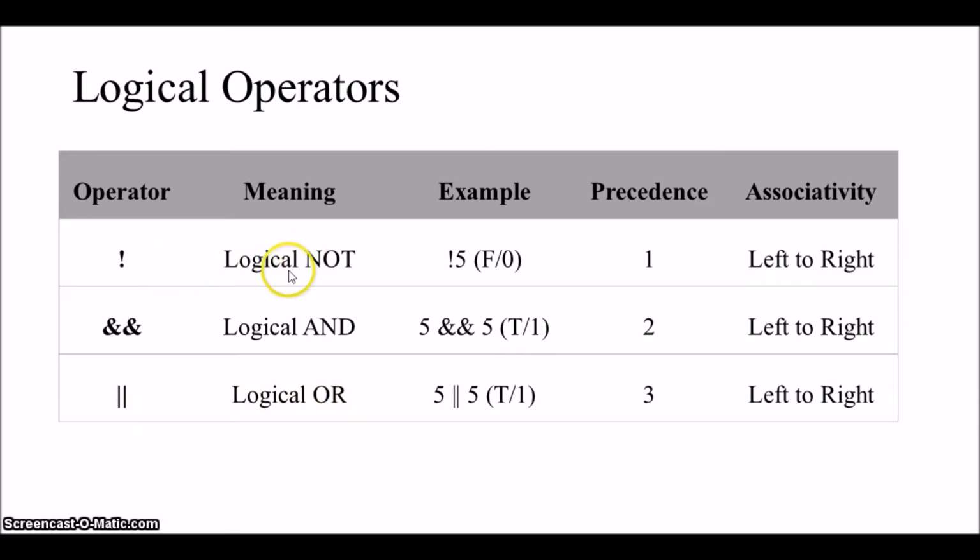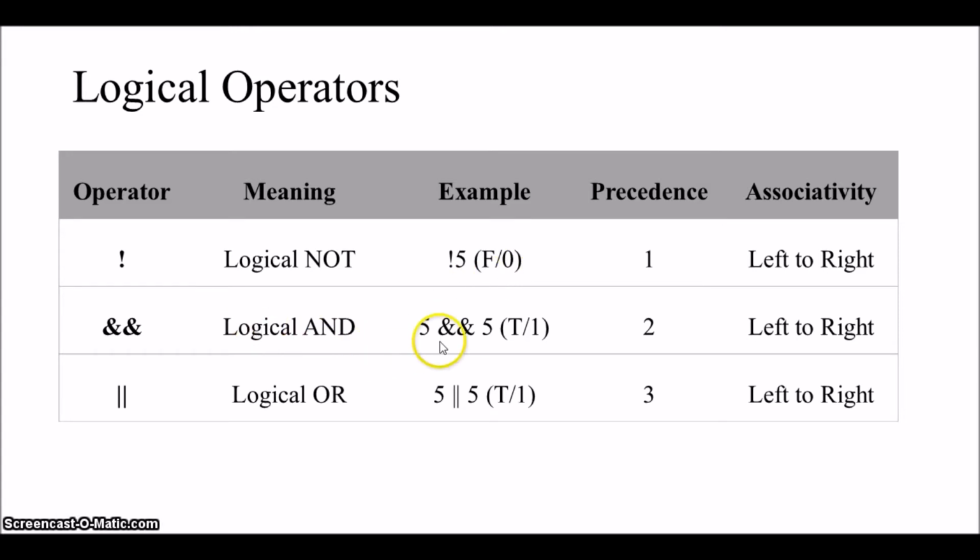First, logical NOT of 5. What logical NOT does is, if the value is true, it will make it false. If the value is false, it will make it true. Here 5 is a non-zero number, which indicates true. NOT of true becomes false. Hence the result of this expression is false.